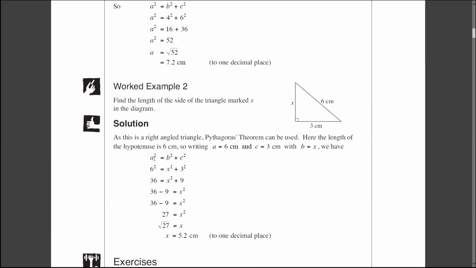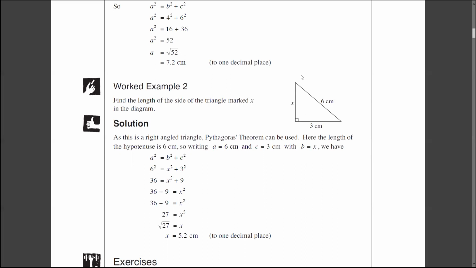You would have 6 squared. And then this 3 could be B or C, it doesn't really matter, right? It could substitute for C as I did here, or it could substitute for B and name the other shorter side as the unknown. Either way, at the end of the day, it is finding the length of one of the shorter sides. So you have 6 squared, 36, equals x squared plus 9.